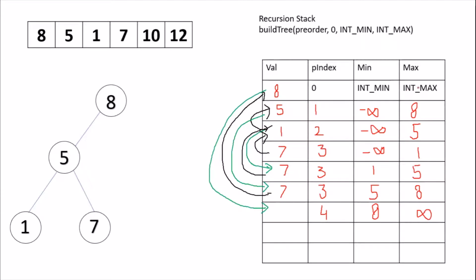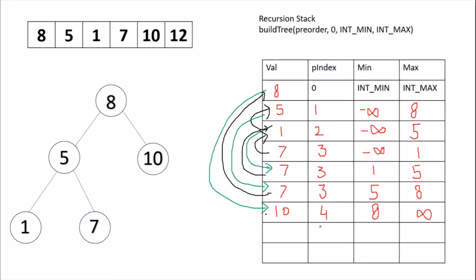Since int max is the value of max at this level of recursion, it will be passed to the next call as well. The value at index 4 is 10. We check if 10 is in this range. Yes, it is, so we append 10 as the right child of 8. Now we go into the recursion to the left child of 10.